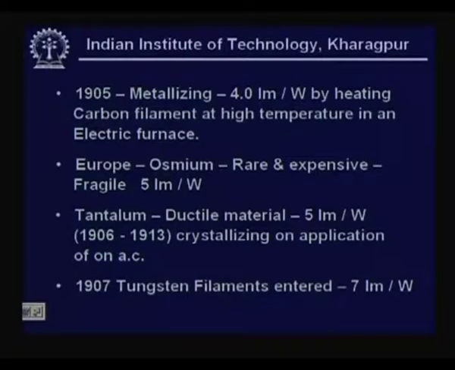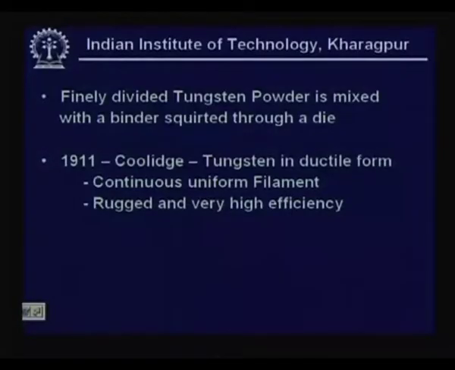Now, all this led to better materials, and it was probably in the year 1907 that tungsten filaments entered the scene with an initial light flux efficacy of 7 lumens per watt. This was obtained by taking finely divided tungsten wire or tungsten powder, mixed with a binder and squirted through a die, giving rise to a thin conductor.